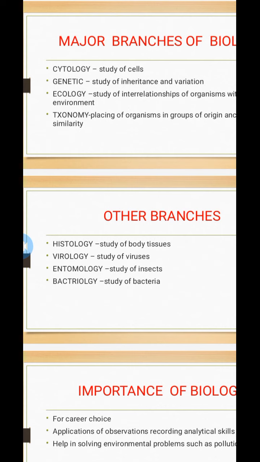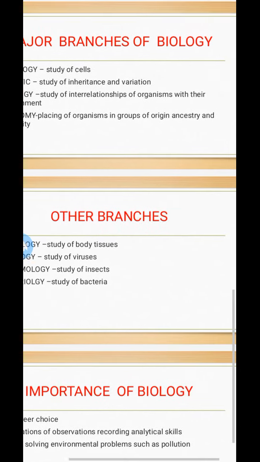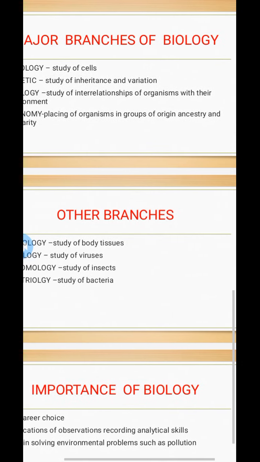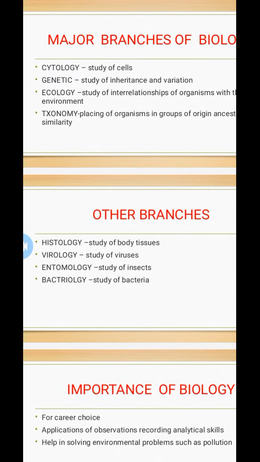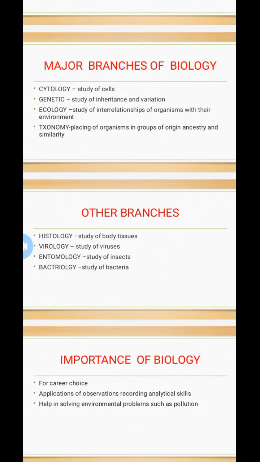Then another major branch of biology is taxonomy. That is the placing of organisms in groups of origin, ancestry, and similarity. So I'll take, for example, a cat. If you look at a cat, it resembles a cheetah, it resembles a leopard.